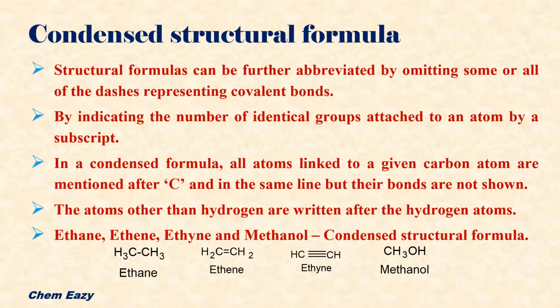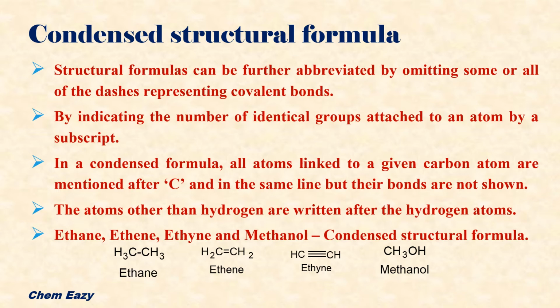And all atoms linked to a carbon atom are mentioned after the carbon on the same line, but their bonds are not shown. The atoms other than hydrogen are written after the hydrogen atoms.